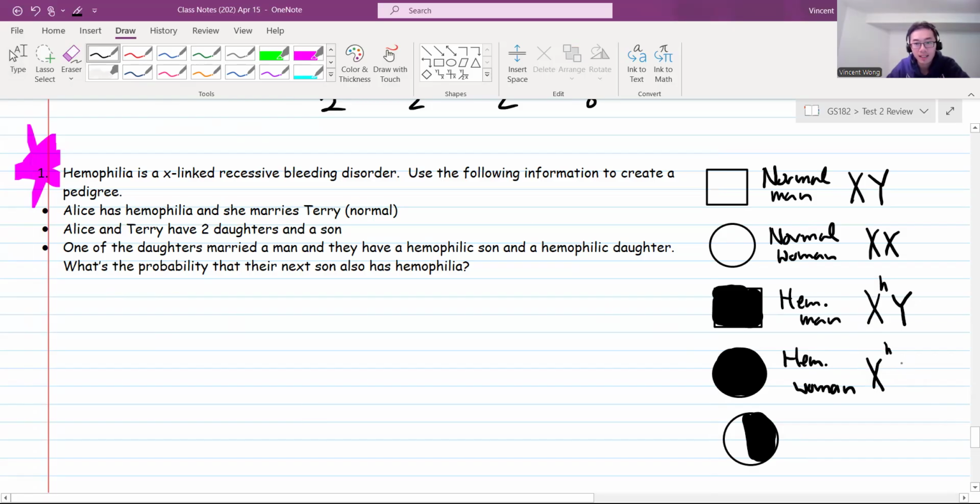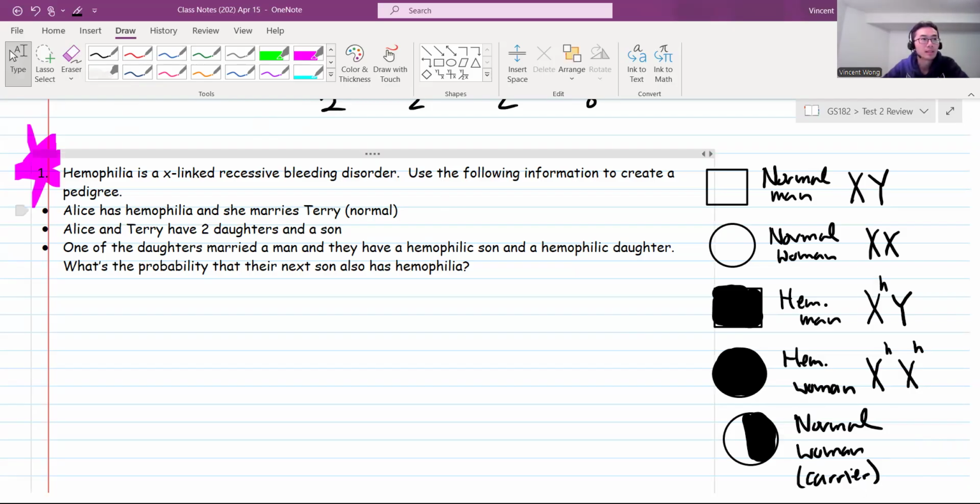Uh-huh. X H. There you go. Both of them have the H, right? Because she has the disease. Very good. Okay. And this one is normal woman, but she's a carrier. Okay, so what is her genotype? Benita, you want to try this one? You can do it.